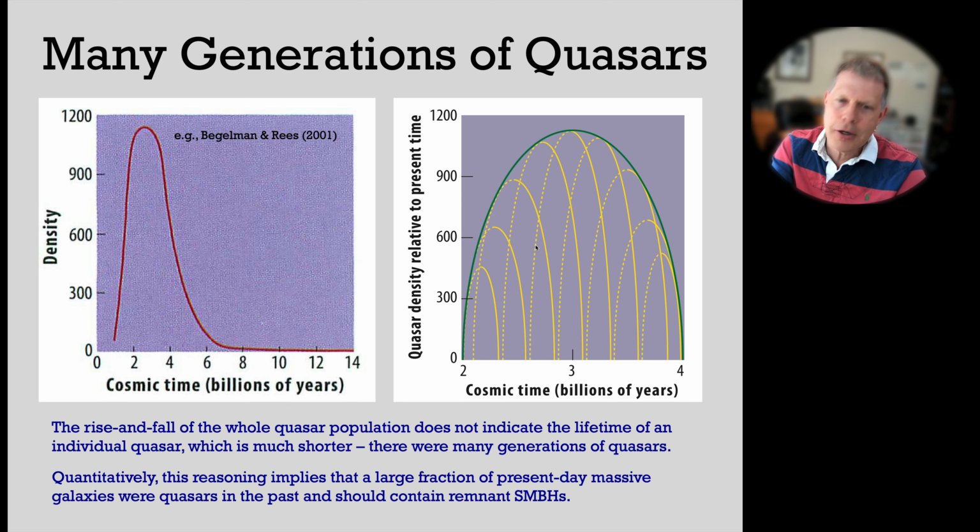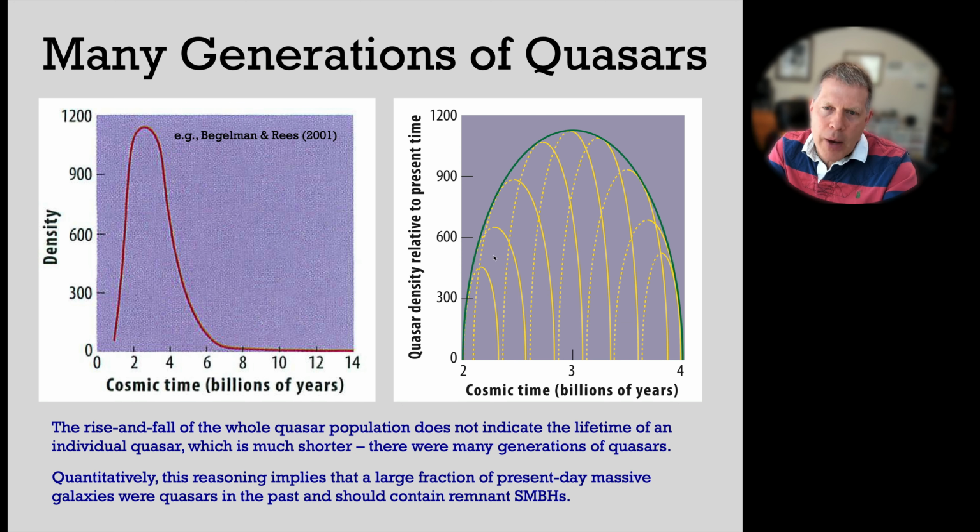And if you do the sums carefully, you find that the predicted space density of supermassive black holes is quite comparable to the space density of present-day massive galaxies. So you expect that typical massive galaxies in the universe today should contain remnant supermassive black holes. And that is indeed exactly what is observed.